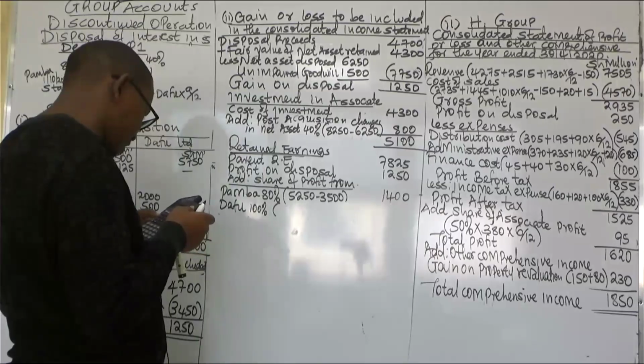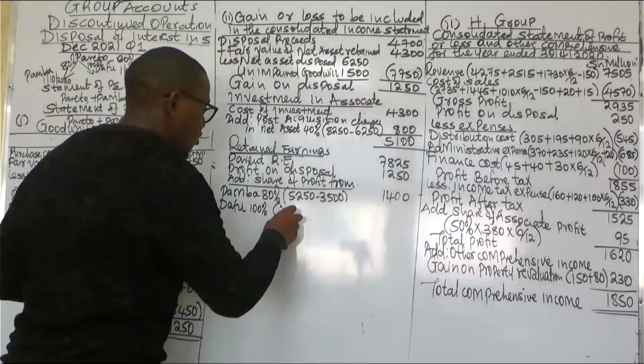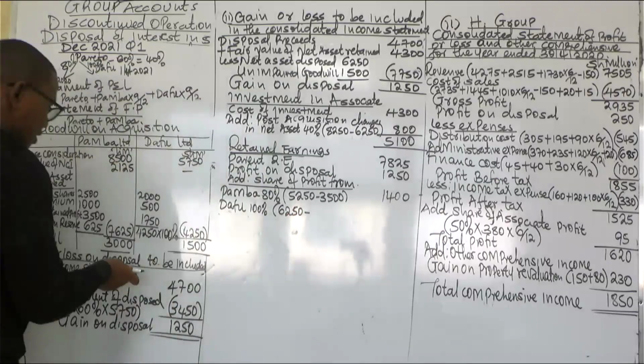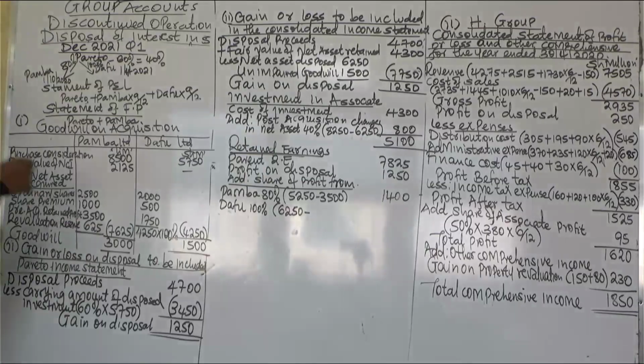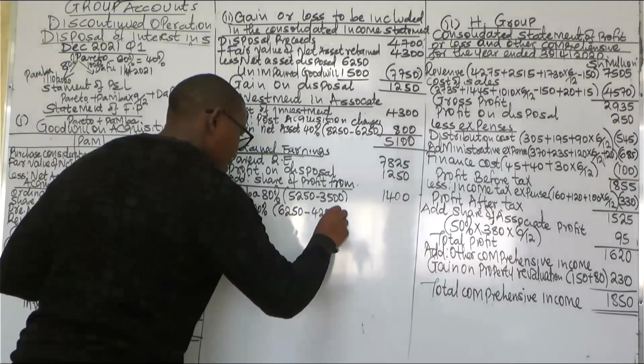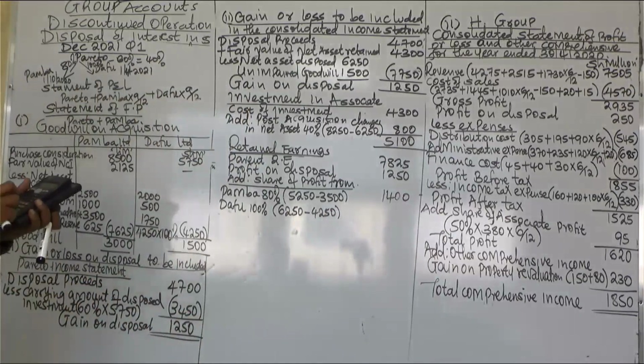As at the time of disposal, the net assets here were 6,250. I will just less there as at the acquisition, 4,250. You need to pay the first profits. So, which in this case will be 6,250 minus 4,250.